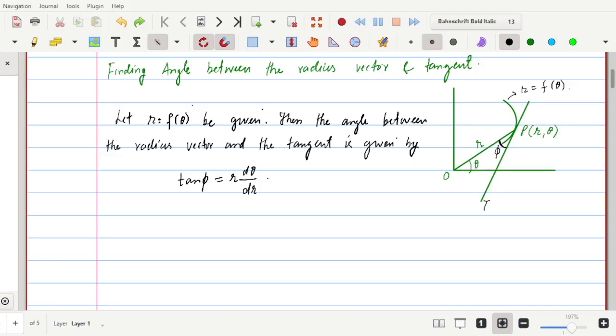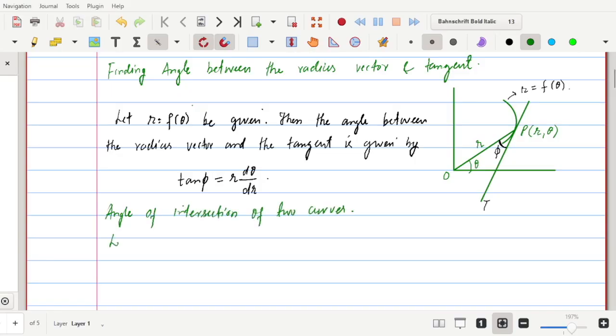Now before going to take up examples, we shall write down one more formula for evaluating the angle of intersection of two curves. So this is our topic number 2, angle of intersection of two curves.